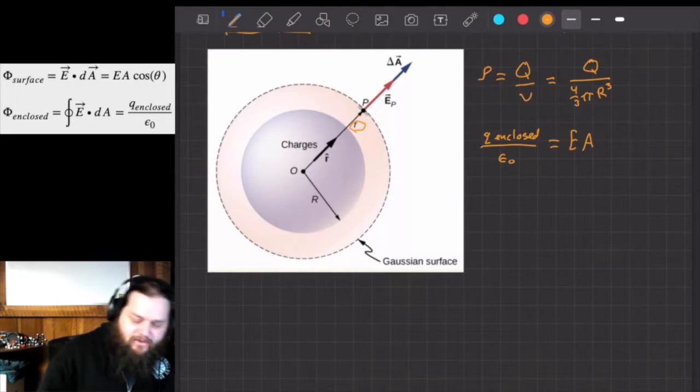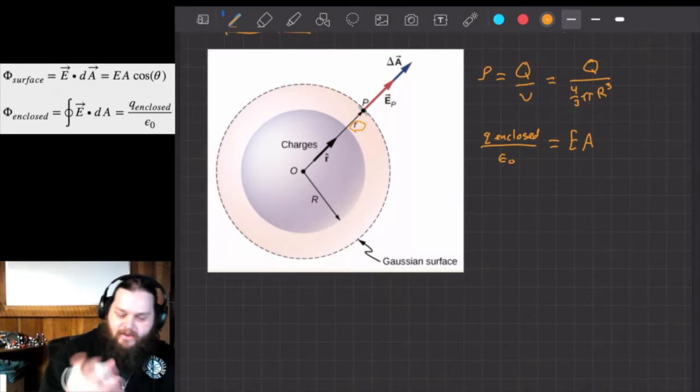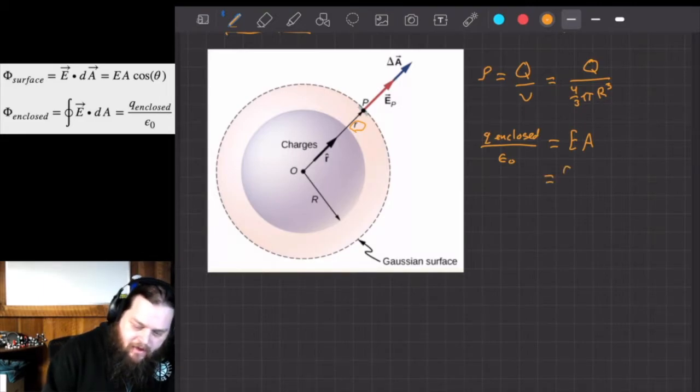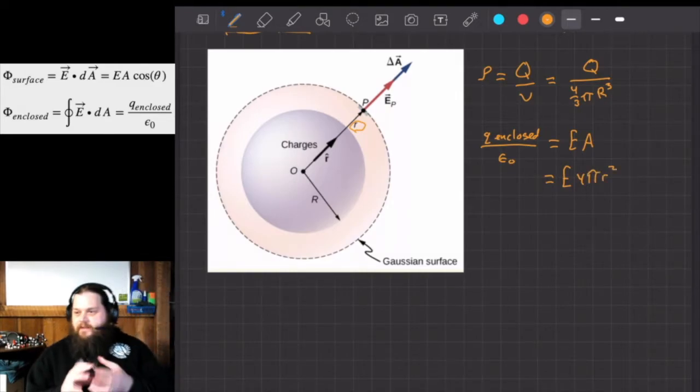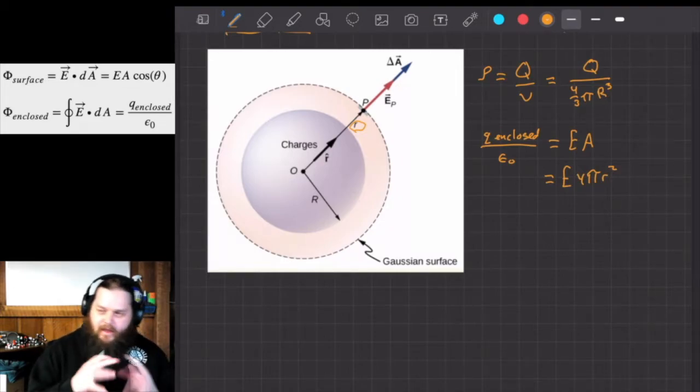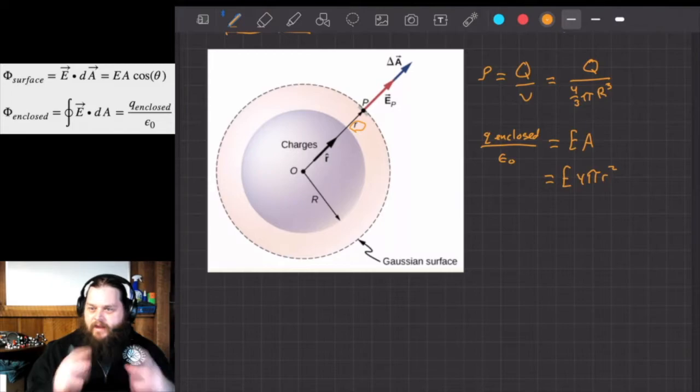I can just say it's the electric field times the surface area of that sphere. That's going to be E 4 pi r squared, where 4 pi r squared is the surface area of a sphere, and r, in this case little r, is the radius of that Gaussian surface.